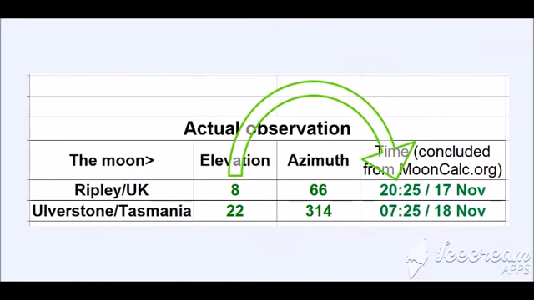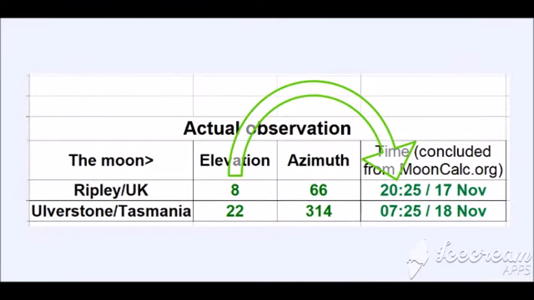8 on that day, 17 November, as he provided the information to me, was around 2025. So that's good. Now I can add 11 hours and get the angles for Tasmania, just to confirm the integrity of these numbers, because it's usually hard and inaccurate to use the app on phones.